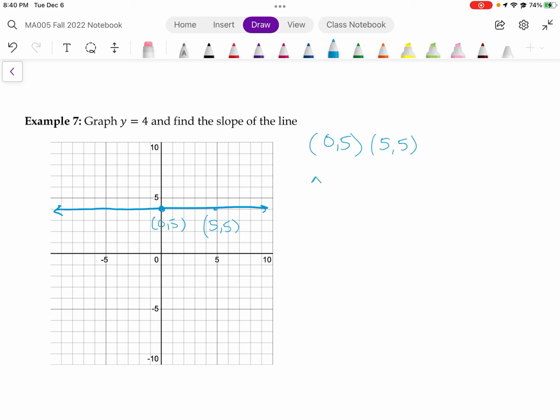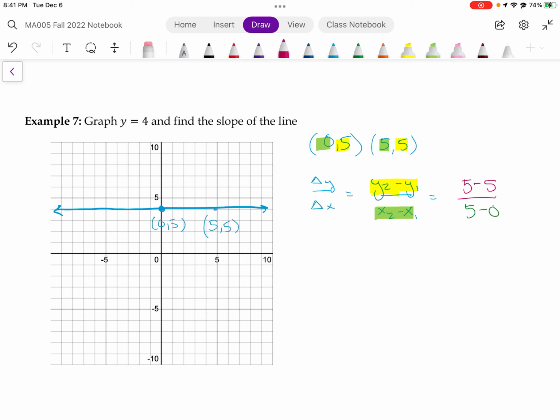All right, so change in y over change in x. So we get y2 minus y1 over x2 minus x1. All right, so my y's are going to be the second one, of course. So I get 5 minus 5 over, and then I've got 5 minus 0. That's going to be my x's.